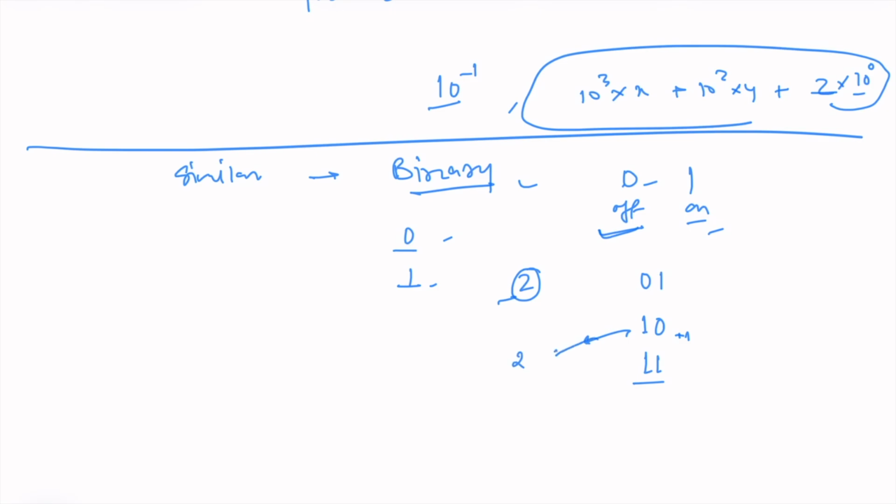So whatever number comes, we have to add 2 and then go beyond. Like let's say we have to represent 3, then we have to add 1 at unit plus 2 at the next position, right? So it becomes 3.